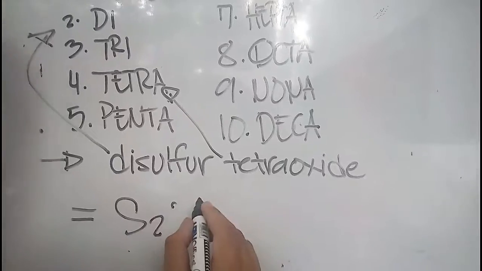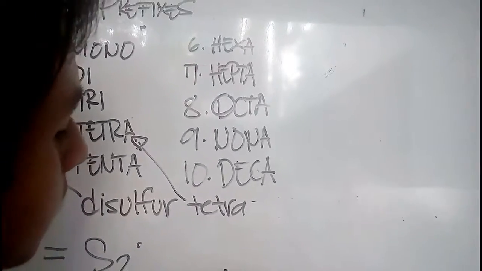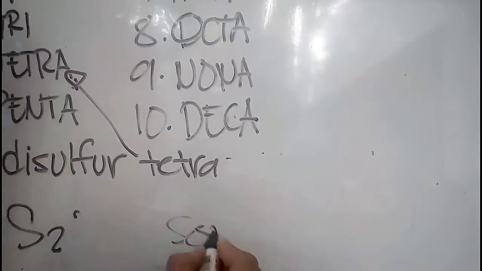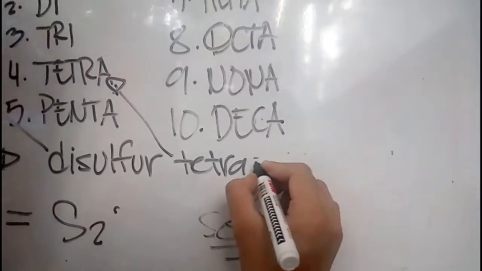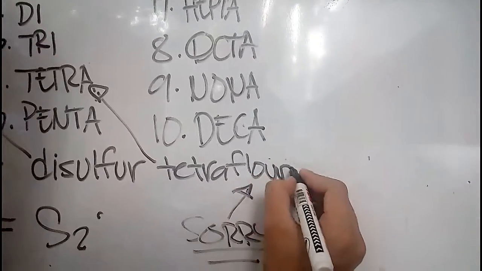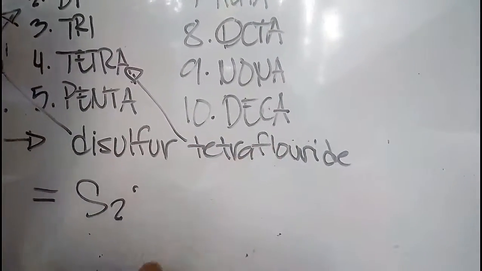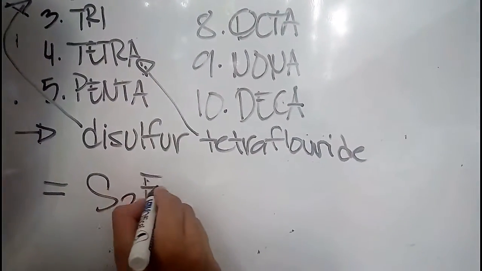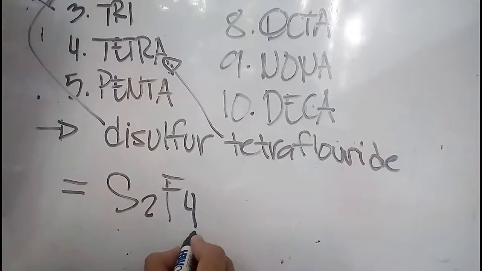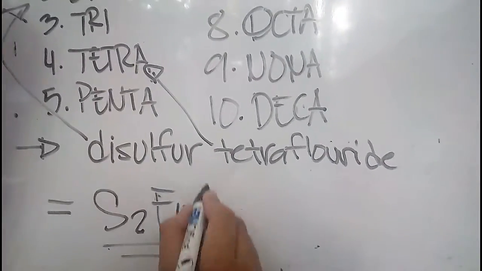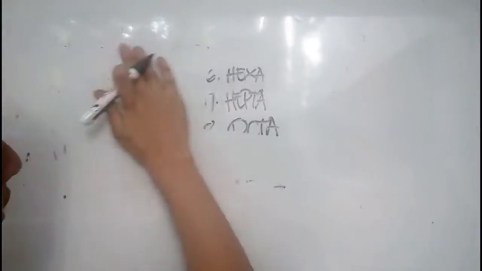Also, take note, for the second element, you change the last letters into ide, such as in the case of oxygen. Oh, my mistake. I mean tetrafluoride in this case. Tetra meaning four atoms of fluoride. So it's S2F4. Two atoms of sulfur and four atoms of fluorine, or fluoride in this case.